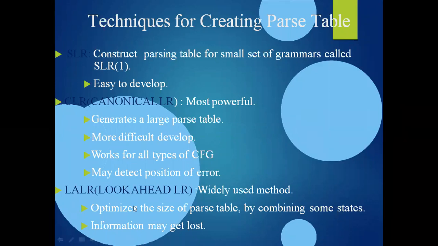And the next one is look ahead LR, which is a widely used method. Here we are performing an optimization technique. Why? Because it optimizes the size of the parse table just by combining some states. Another name for this is intermediate LR, but the popular name for LALR is look ahead LR.